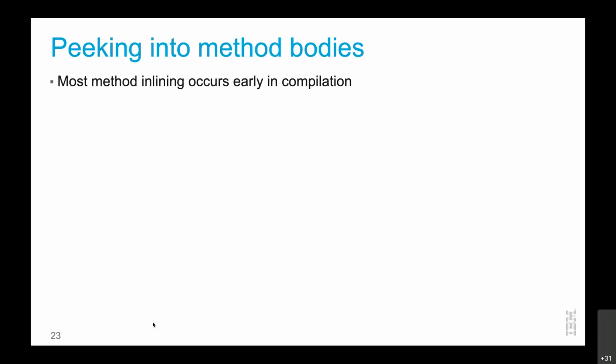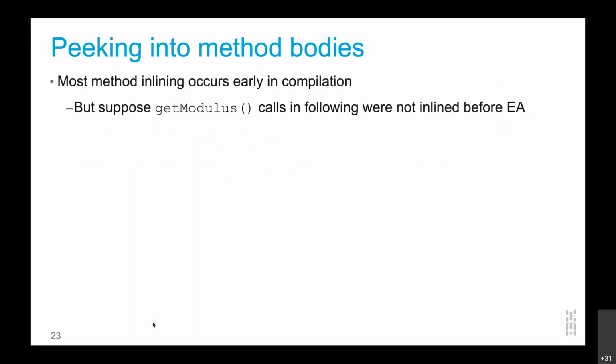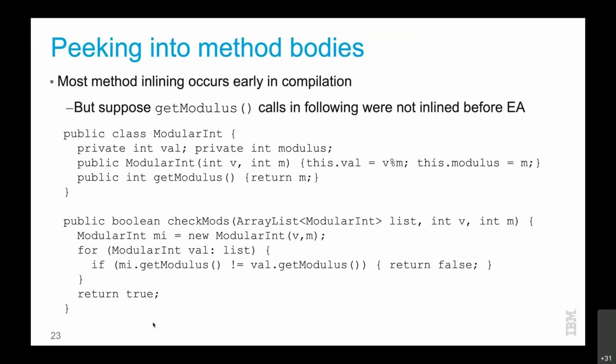So what's the purpose of peeking? Well, most method inlining occurs very early in the compilation. But suppose in this example, again using my modular int class, that I've got a getModulus method that simply returns the value of the modulus. And there's a typo here: the return M should actually be return modulus.